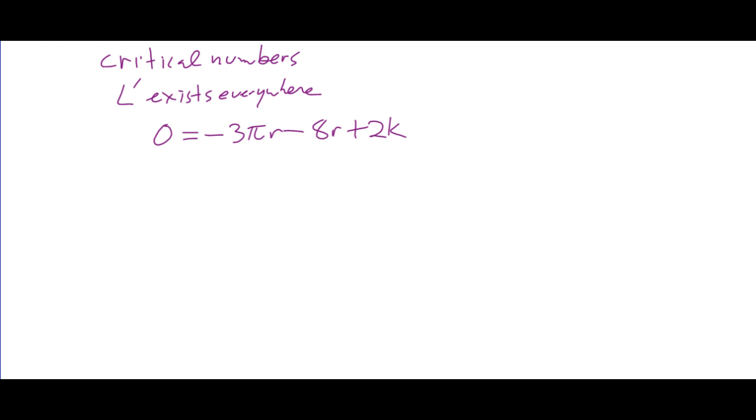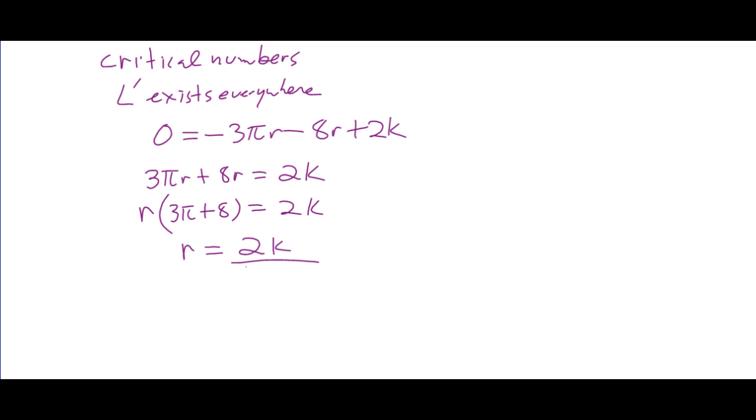So, move those over. 3 pi r plus 8r is 2k. R times (3 pi plus 8) is 2k. R is 2k over 3 pi plus 8. And that is the solution. That's what your radius is. That's the only critical number. And k is a constant, and 3 pi plus 8 there is a constant. Okay, so the most light is let through.